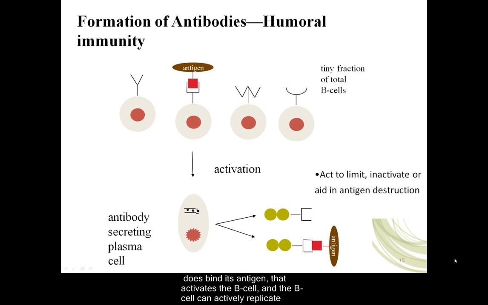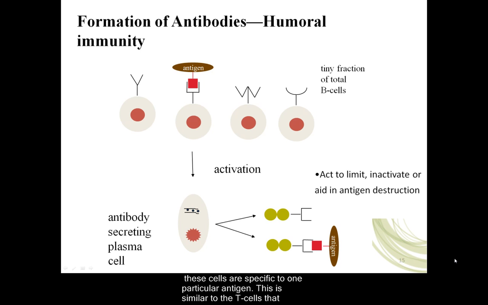And once it does bind its antigen, that activates the B cell, and the B cell can actively replicate and divide and create more clones of itself. Additionally, that B cell will be stimulated into a plasma cell or a mature B cell. And it is the plasma cell that can now generate antibodies that will specifically bind to that square-shaped antigen.